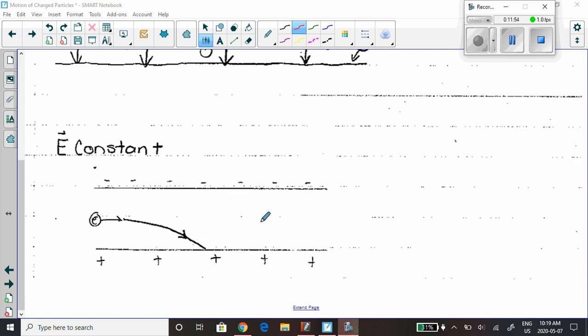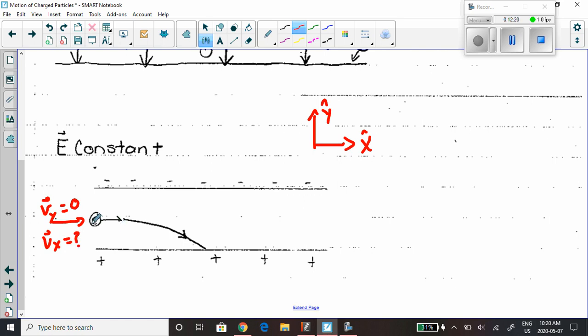So here's an example. Let's say we've got this setup. Remember, we need 2 dimensions now, y hat and x hat. And let's say that this object, an electron, is shot forward so that the y component of its velocity is 0, but there is some x component to it. I just don't know what it is right now. It doesn't matter. So it's shot through like this, and the motion, kids, will be a parabola.